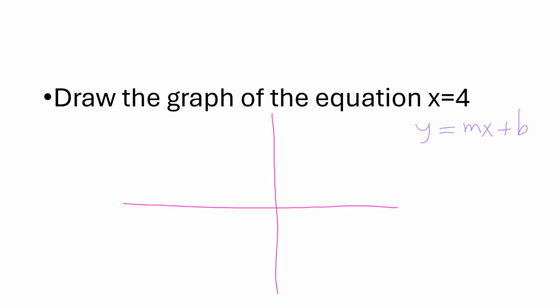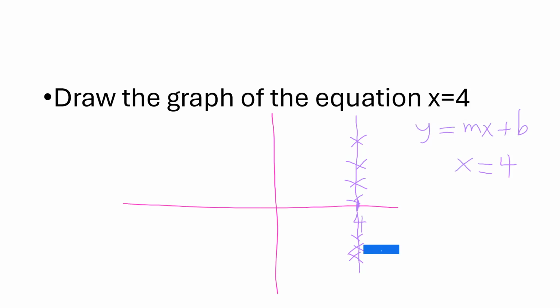You only have x equals 4. So again, you locate your 4 here. And then everything is going to go through the 4. Which means that for every y value, x is going to be 4.